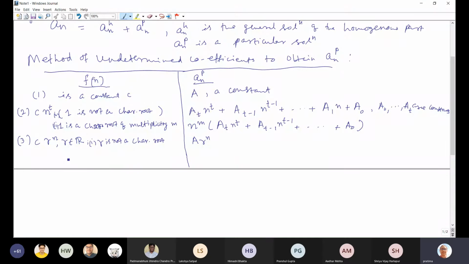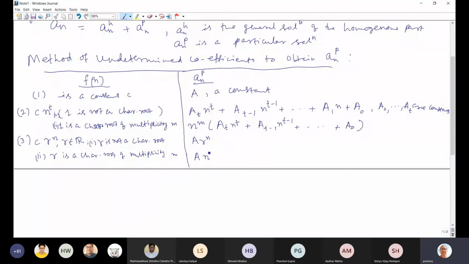In the second sub case, r is a characteristic root of multiplicity m.